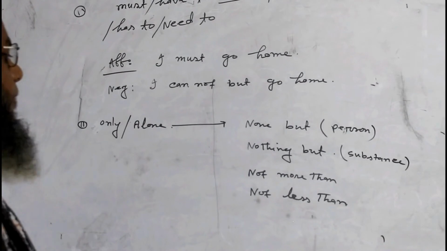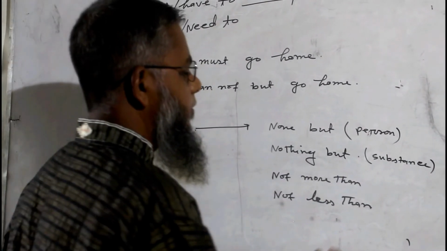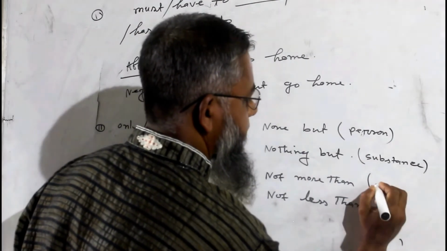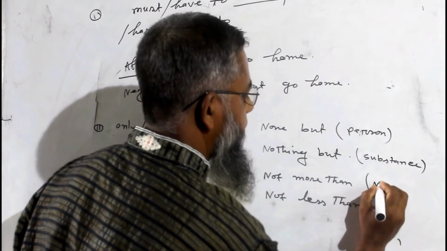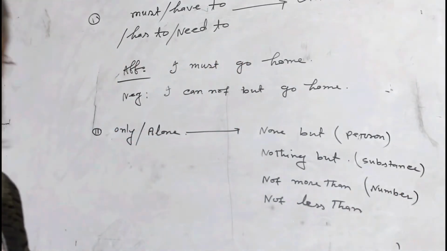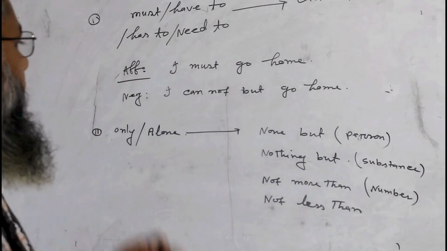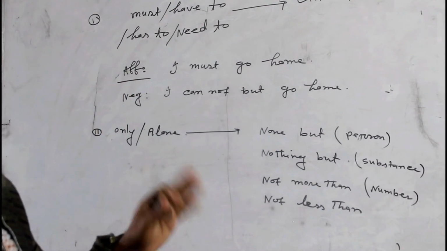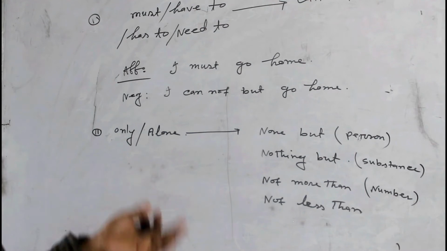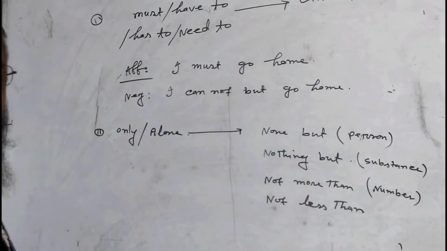And if any number or age in the affirmative sentence, you have to use not more than or not less than. In this way, you can change the affirmative sentence into negative sentence. For our understanding, I apply here some example also.